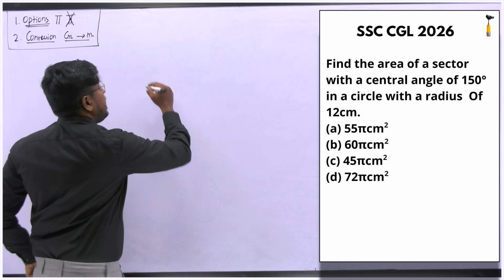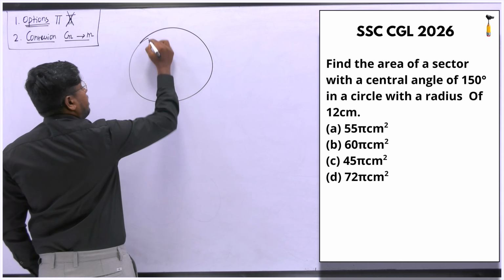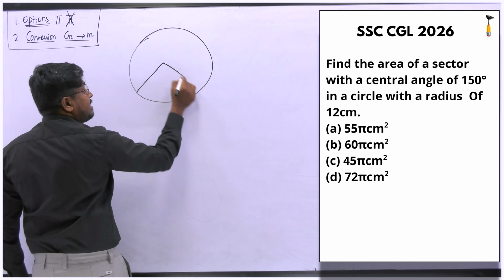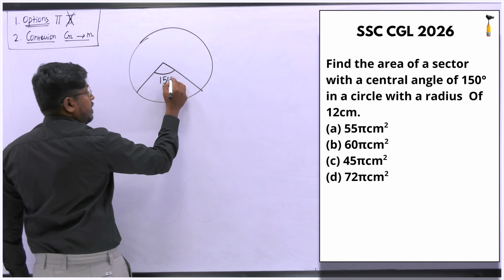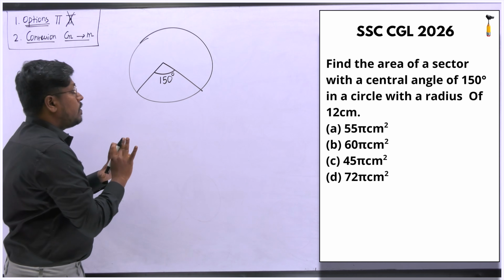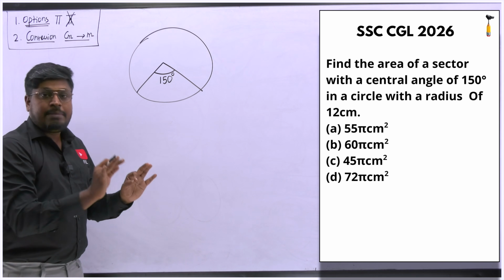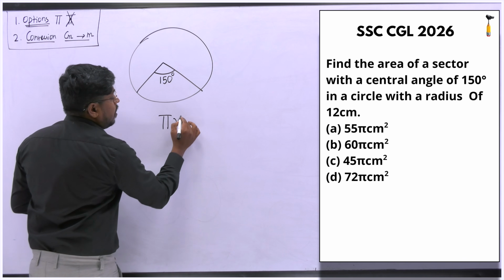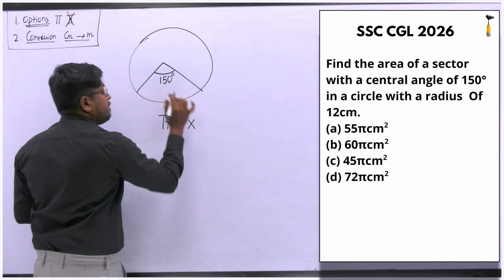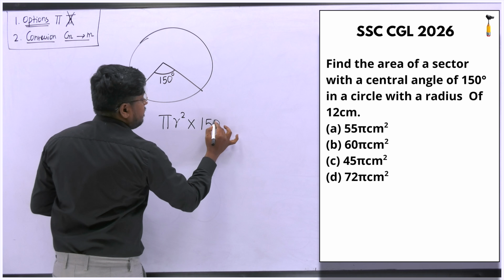So now we have a circle and our target is to find the area of the sector which has an angle of 150 degree. Just now I have told you, don't learn any new formula. Just remember that the total area of a circle is pi r square. Out of this pi r square, just multiply this part alone, which is 150 degree.